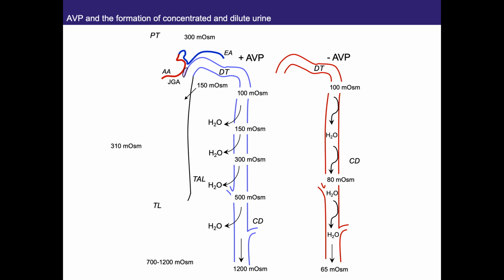But if vasopressin is not present, there are no aquaporin channels, and all of that water stays in the nephron and is eliminated. Yes? How does the urea part of that tie into this? That's a really good question. Imagine if you're pulling all of this water out, you have the potential of disrupting your osmotic gradient in that area. So a good idea is to pull urea out at the same time so you can maintain that osmotic gradient.